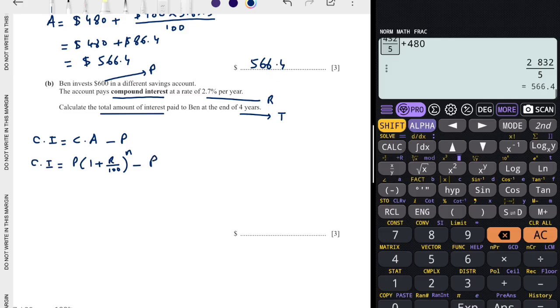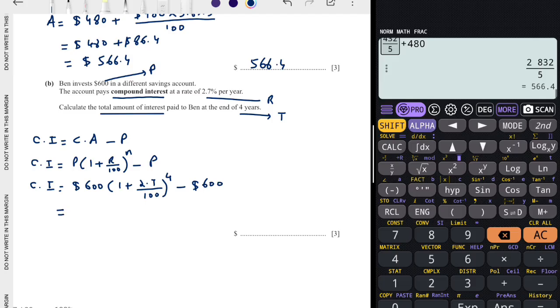We will substitute values. The compound interest is equal to principal $600 times bracket opens 1 plus 2.7, the rate of interest, divided by 100, to the power 4, minus $600, that is the principal amount.